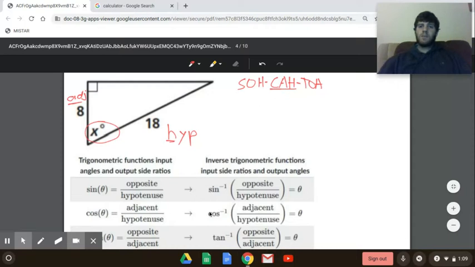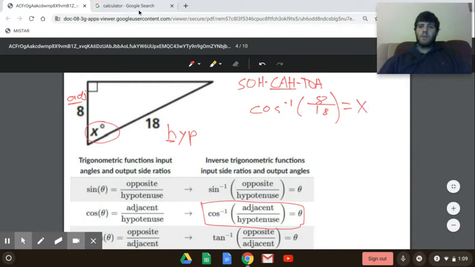And since we're solving for an angle, we're going to use the inverse cosine. Okay, so all we do is follow the formula. Inverse cosine, and then our ratio is adjacent over hypotenuse, so that's 8 over 18. And that's going to equal theta, which is our angle measure, in this case, x.